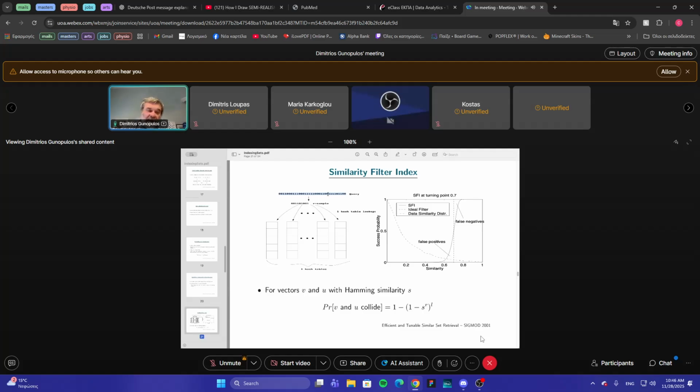So the idea of locally sensitive hashing is that if I want to find things that are so similar, then there have to be smaller parts, maybe this part, maybe this part, maybe this part, in the query that are exactly the same as the same parts of the document that is very similar.